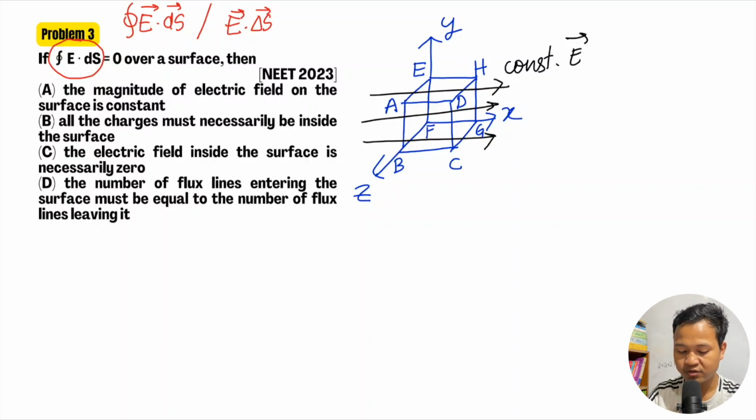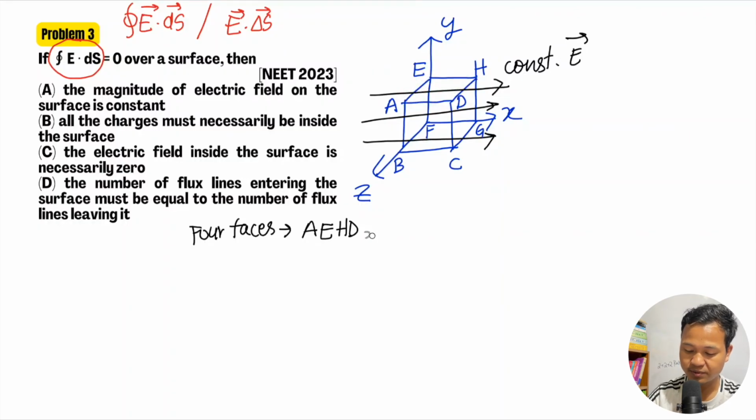So I have 4 faces which are parallel to the field. First is A E H D, which is the top surface. Then I have another face that is A D C B, which is the front face.